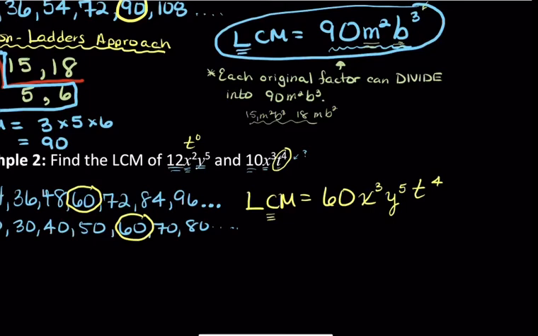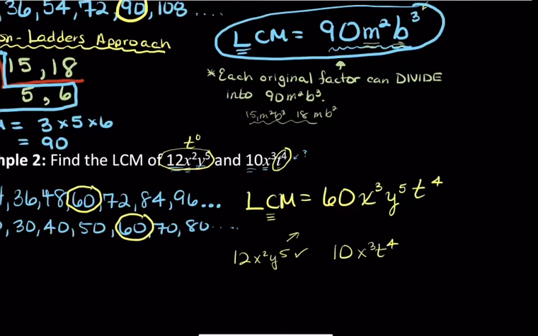But remember, can each one of these factors divide into our LCM? Can 12x squared y to the fifth divide into our LCM? Sure it can. 12 goes into 60, x squared goes into x cubed, y to the fifth goes into itself. All right, so that checks off. Does 10x cubed t to the fourth divide into it?